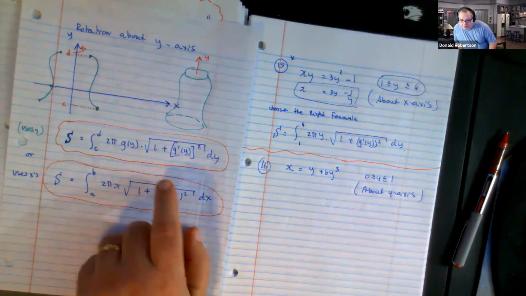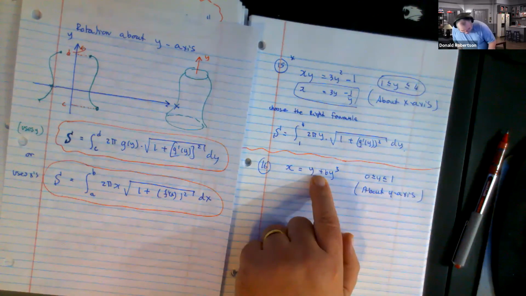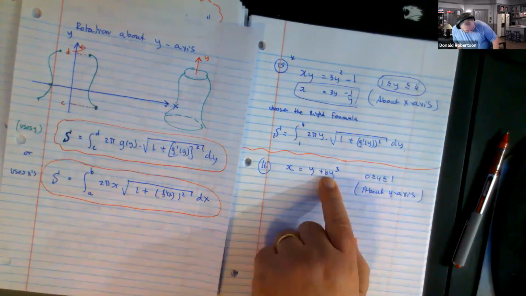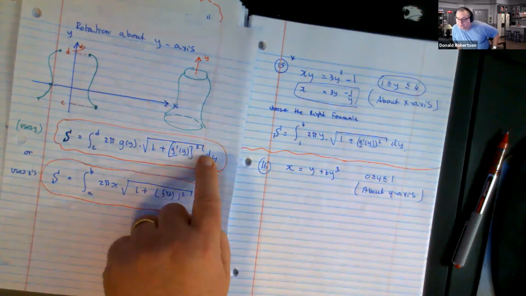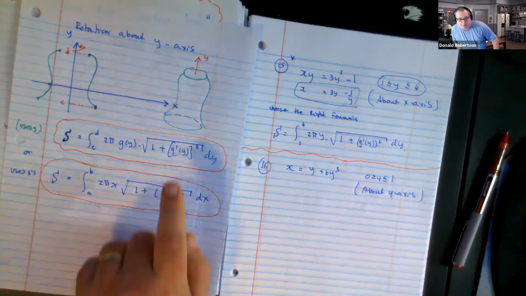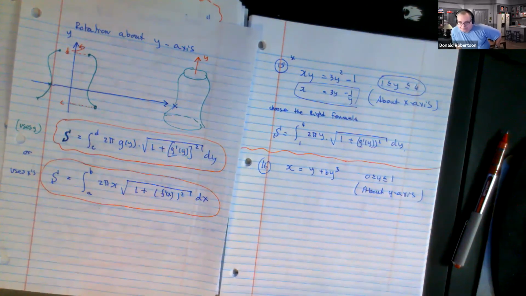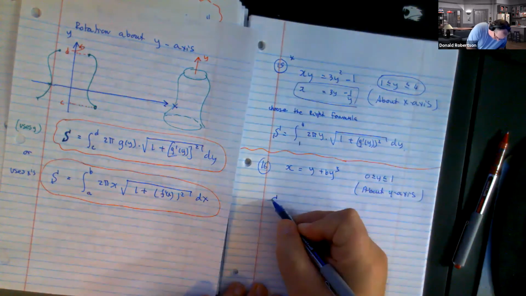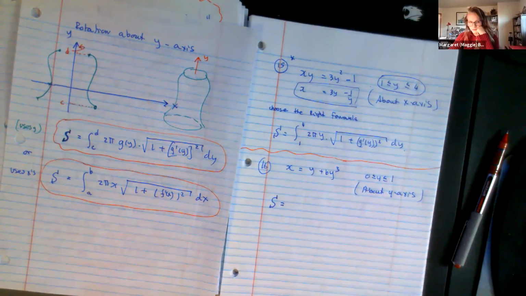Now, look at the information the way it's given. That's a 6, by the way. Are we going to use the one with all the x's in it, or am I going to use the one with all the y's in it? Which formula? Top or bottom? The top, correct.